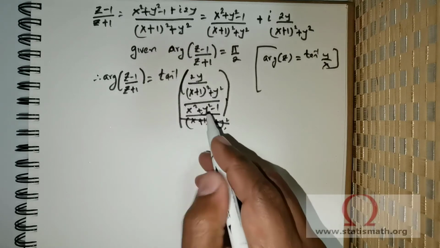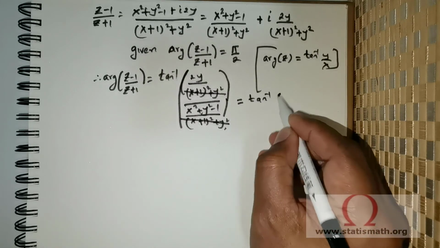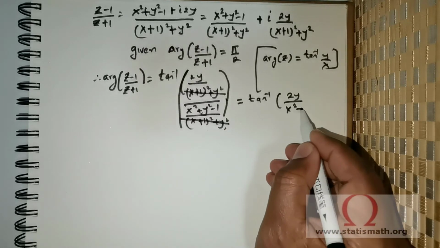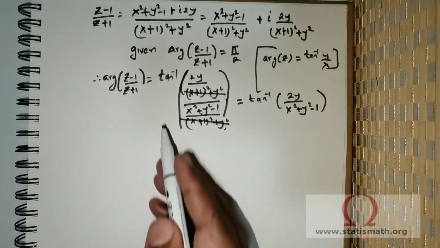Clearly the denominator can be cancelled, so that would leave us tan inverse of 2y/(x² + y² − 1). So this is what we are getting.